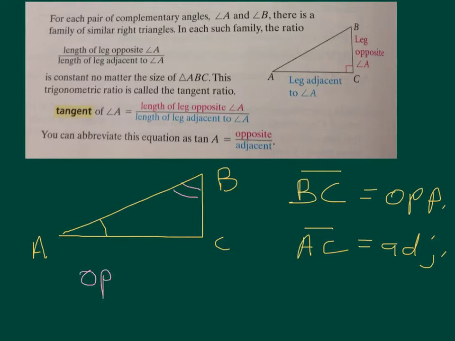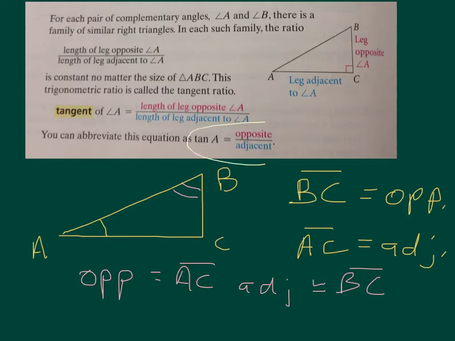Hopefully you would agree the side opposite angle B is AC, and the side adjacent angle B would be BC. Make sure you understand opposite and adjacent, or you've got no chance at trying to figure out the tangent ratio. Again, tangent is defined to be opposite over adjacent.